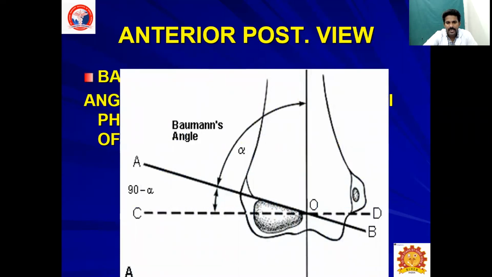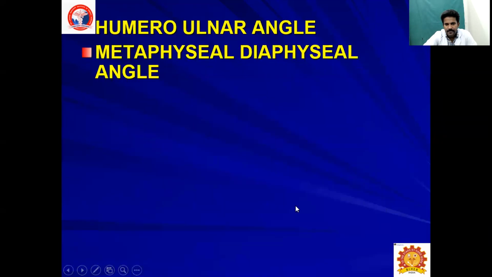Here you can see the long axis of the humerus, which is perpendicular to the physis, and here you draw another line which is crossing the physeal line. These two lines make an angle that is called Bowman's angle.